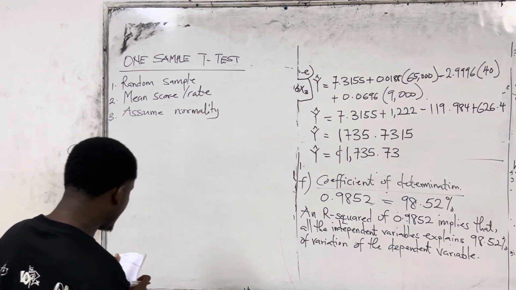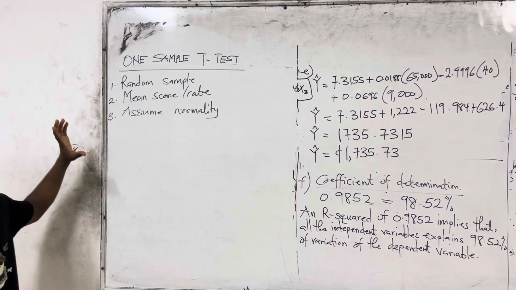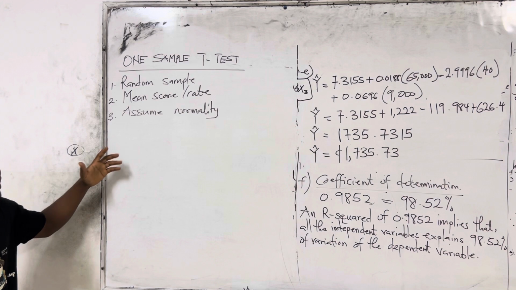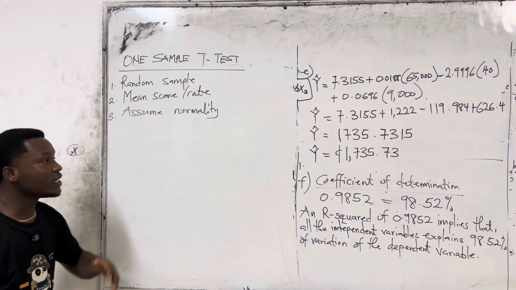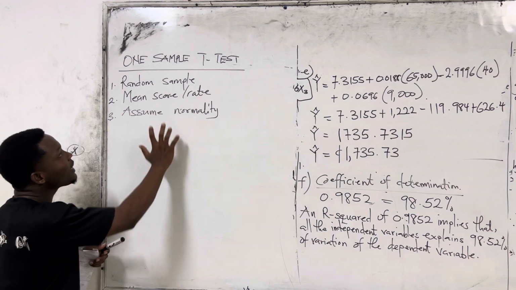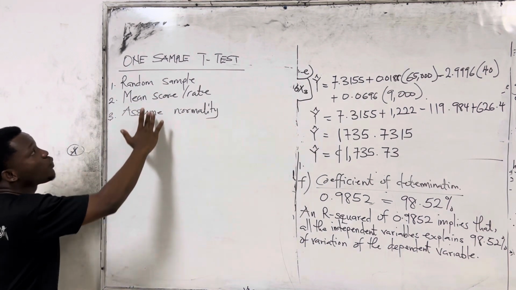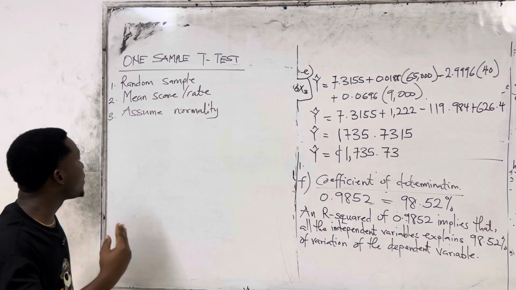With these three, for you to determine whether it's a one sample t-test or two sample t-test, you have to find at least one of these in the question. If you see random sample, it means it's a one sample t-test.